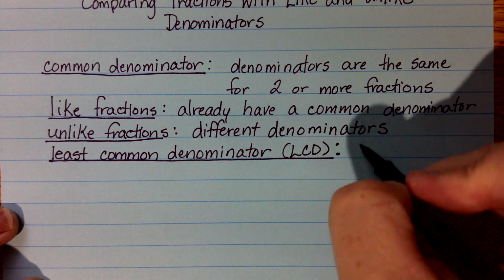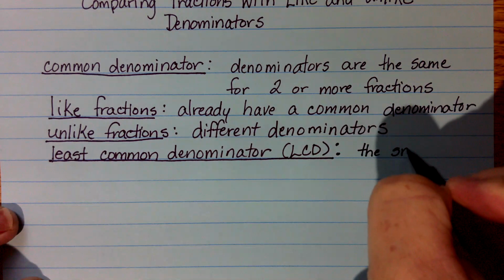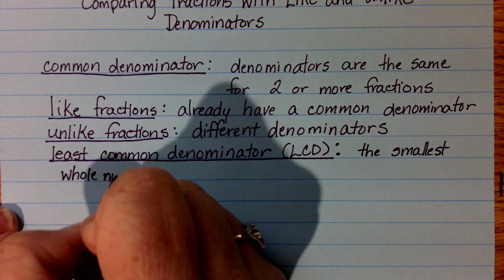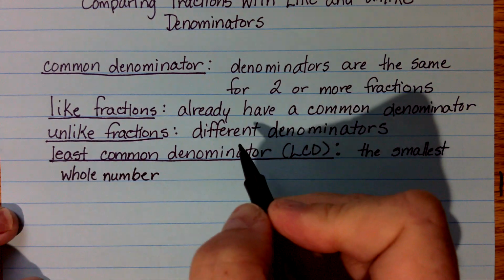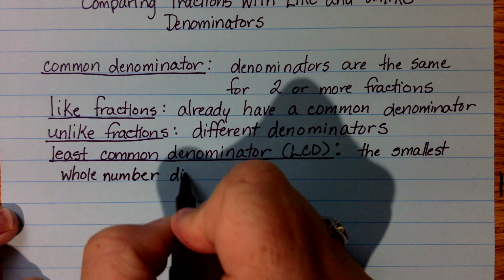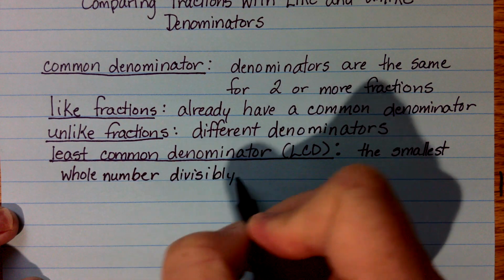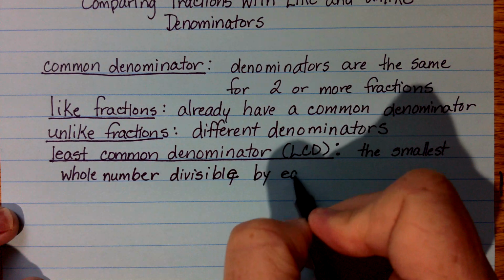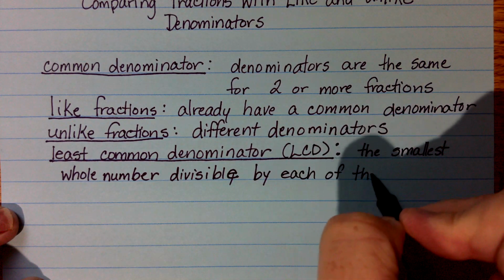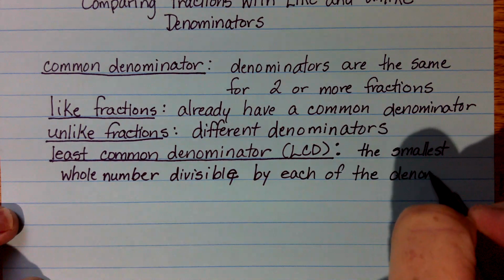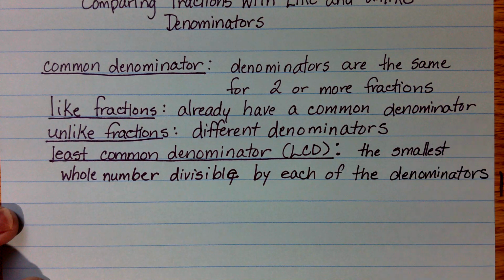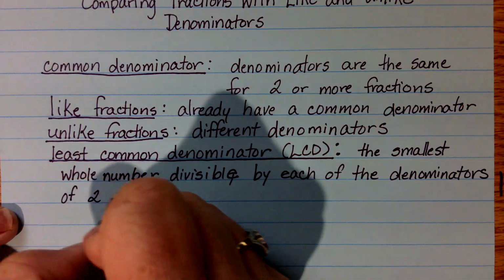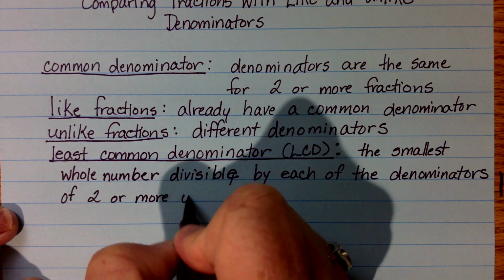So it is the smallest whole number that can be divided by, or is divisible by, each of the denominators of two or more unlike fractions.